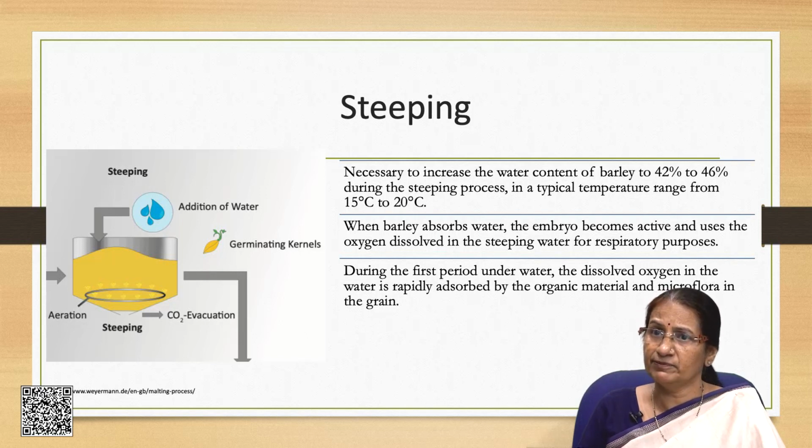When barley absorbs water, the embryo becomes active and uses the oxygen dissolved in the steeping water for respiratory purposes. During the first period under water, the dissolved oxygen in the water is rapidly adsorbed by the organic material and microflora in the grain.